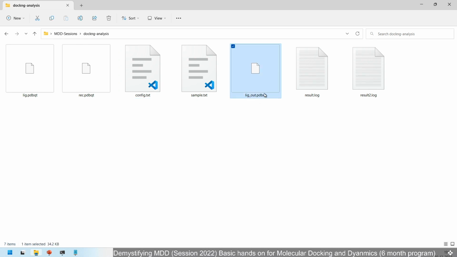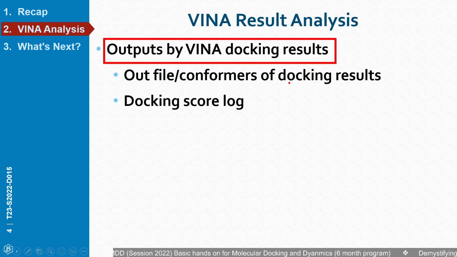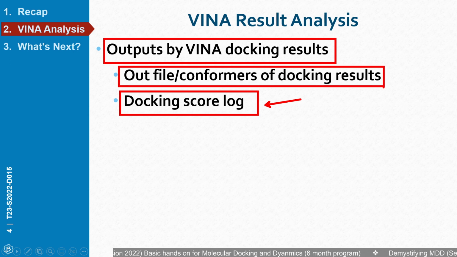So now we have got the output file. This lig_out file is the docking results. After docking you will get some files. First is the docking score log, which you were seeing as a table, which I have explained. And next you will get the output molecules, saved as lig_out.pdbqt.